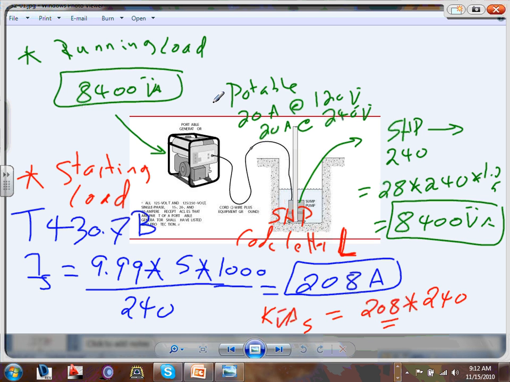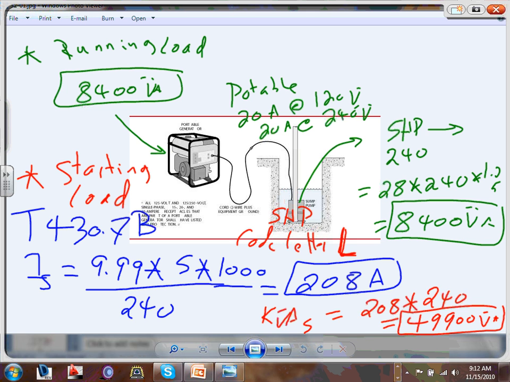Anybody has a calculator handy? How much? 49,900.